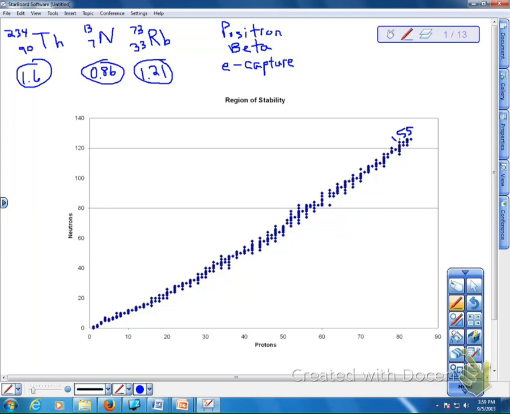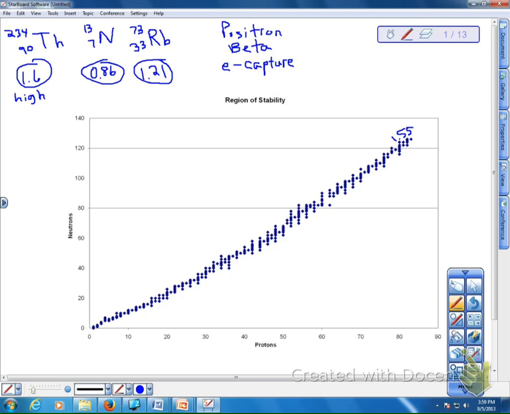It's pretty high. So even though we're out here where alpha decay normally occurs, in this case we have an isotope at 1.6. It's too high. Remember, alpha wasn't an option for us. The important thing here is this nucleus has a high ratio of neutrons to protons.